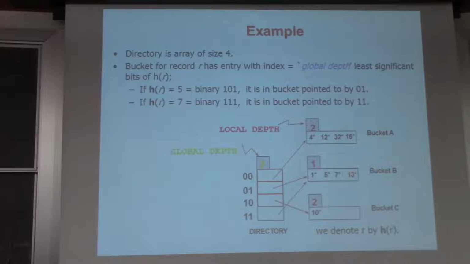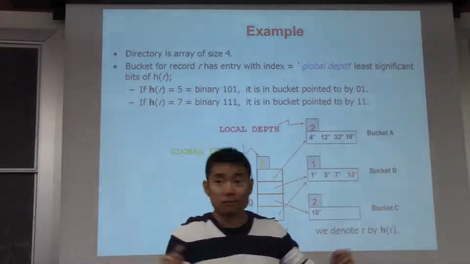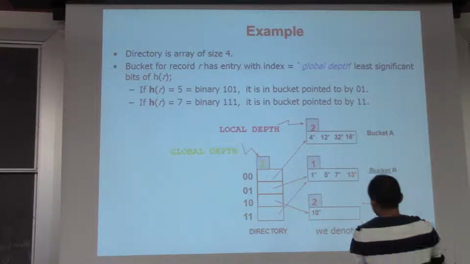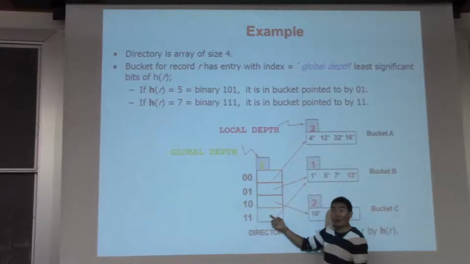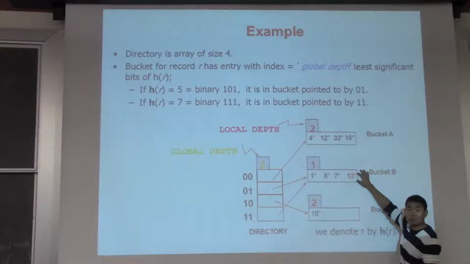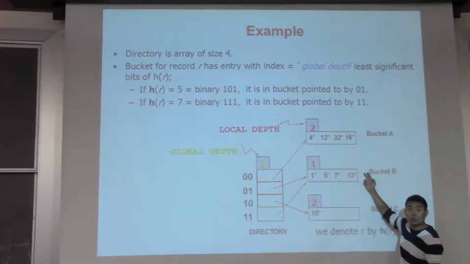Now, so far so good, right? So far this is still a static data structure. What do I mean by that? If I insert another value with last 2 bits either 0, 1 or 1, 1, which means the last bit is 1, I will come here. Suppose my max capacity is 4, I don't have space. So what do I do?